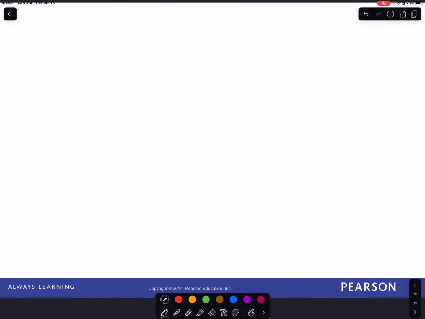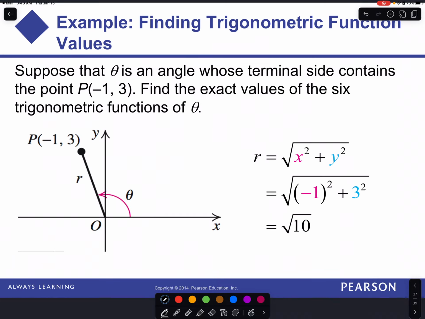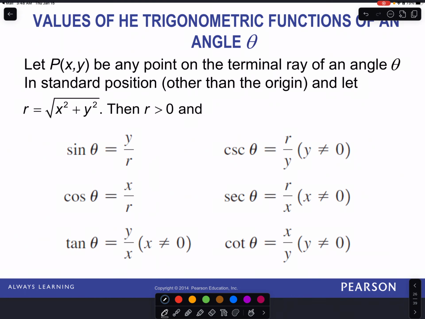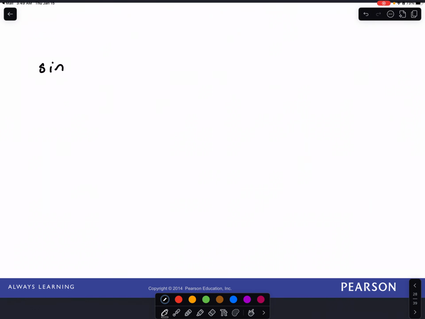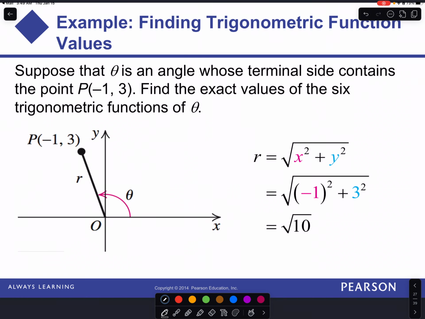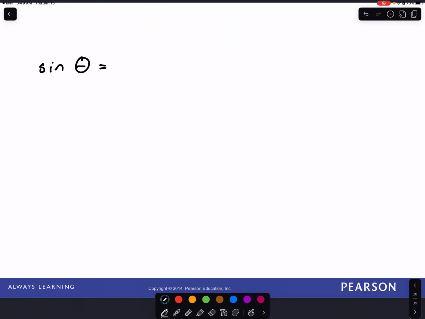So we just said what? The sine of theta. That corresponds to our y, so that was going to be what? Our y over R. So we have this point, P is -1, 3. We found that our R was the square root of 10, okay?